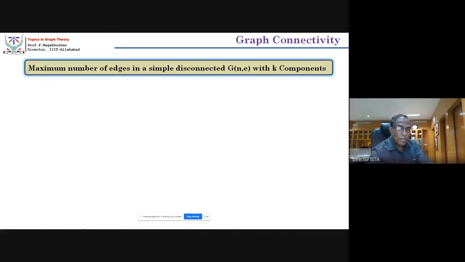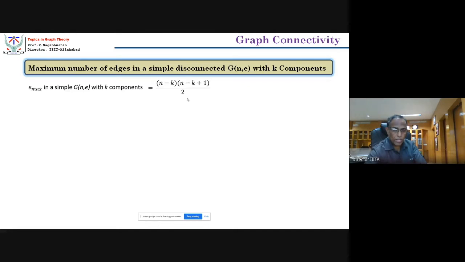Now, what's the maximum number of edges in a simple graph, with no parallel edges and no self loops, but which is a disconnected graph having k components? If k is 1, you know that it is half n into n minus 1. The maximum number of edges in a k component graph is (n minus k) into (n minus k plus 1) divided by 2.